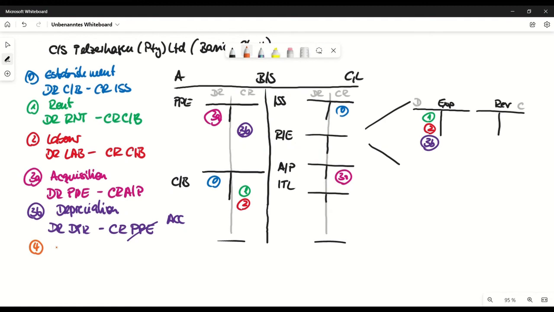Bookkeeping entry 4 is about the revenue recognition. We make a debit entry in an asset account, cash bank, and we make a credit entry in revenue.